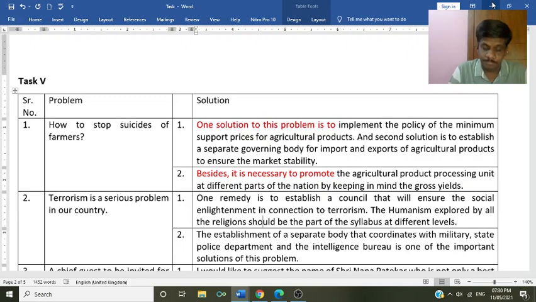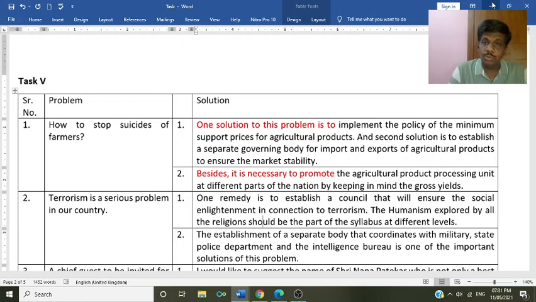Two things here are important, as I told you in the last session also: language expression along with the opinion, and this opinion should be a logical one. Both these things are important. How you express and what you express, and what you express should be logical, reasonable.